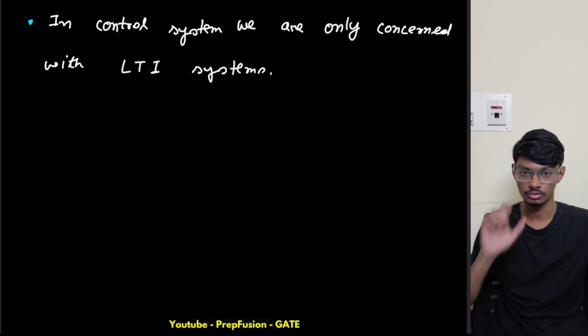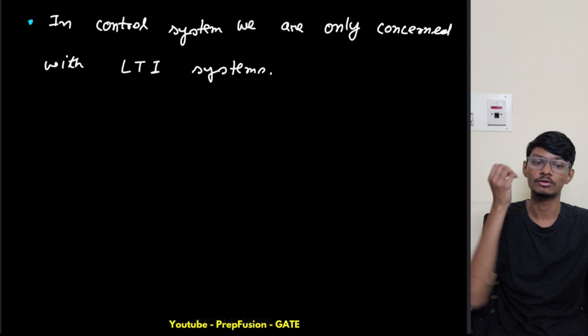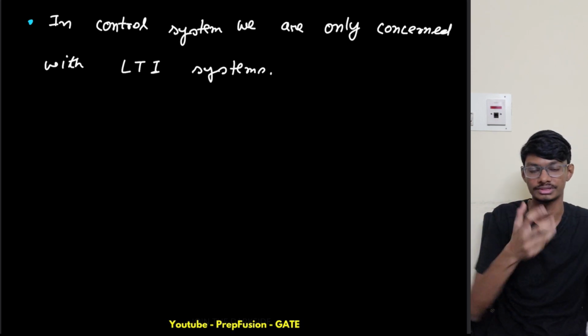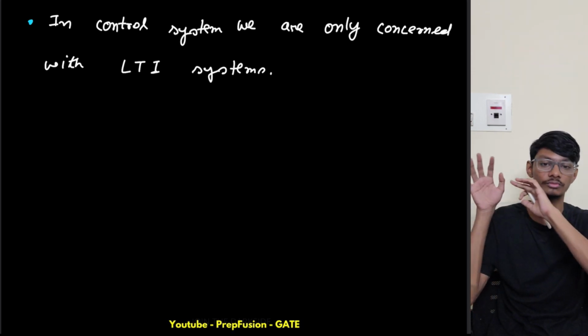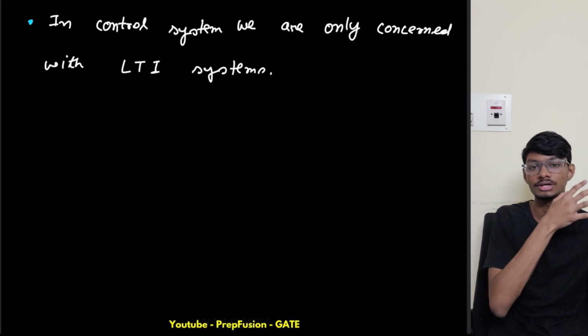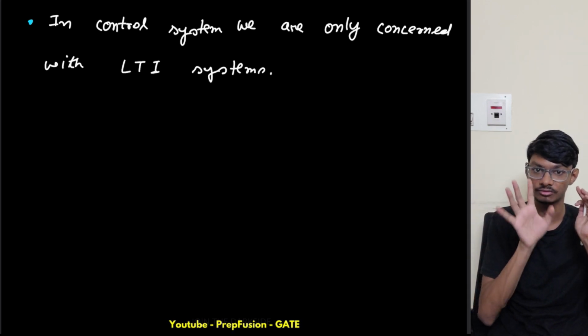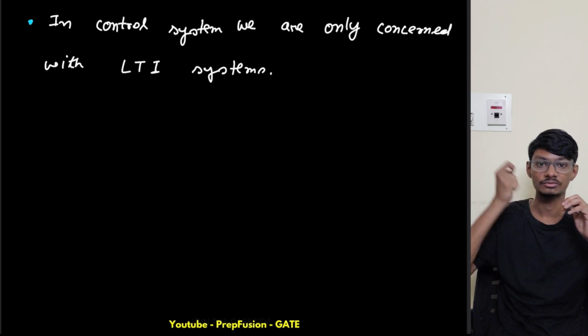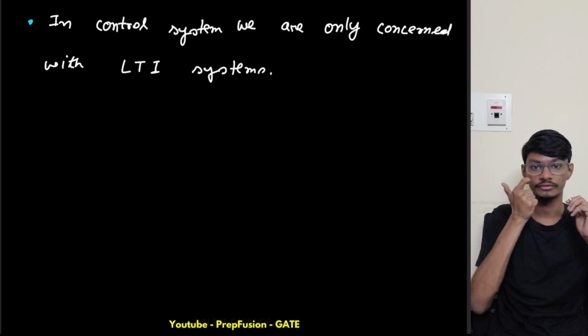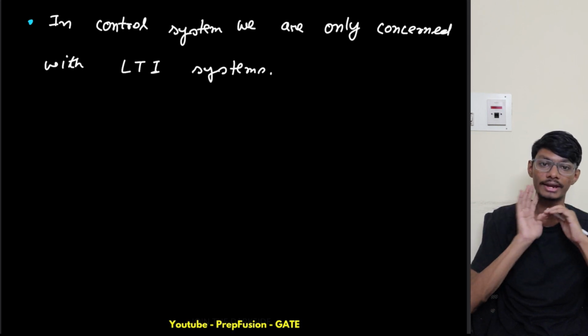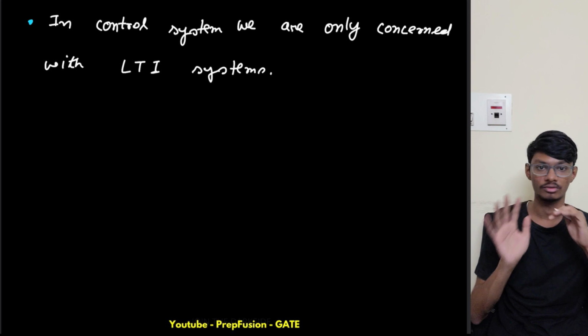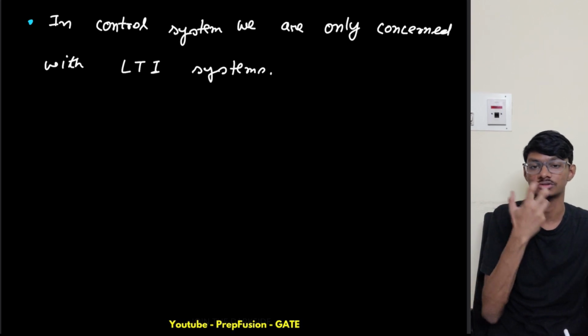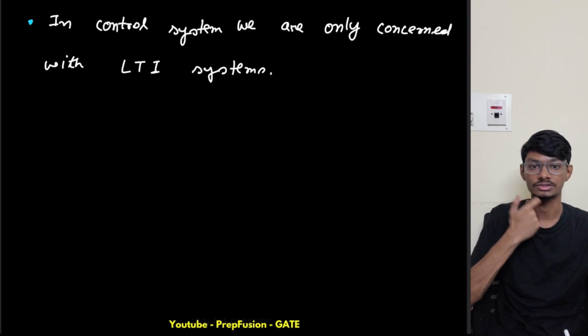But one thing you should know is the impulse response is valid for all systems. Basically, when you give impulse input, what is the output that we get? That is the basic meaning of impulse response. But the importance of impulse response increases when we are concerned with LTI system, because if we know the impulse response of a LTI system, then we can simply find the output for any type of inputs. That is why the importance of impulse response is very high in case of LTI systems.